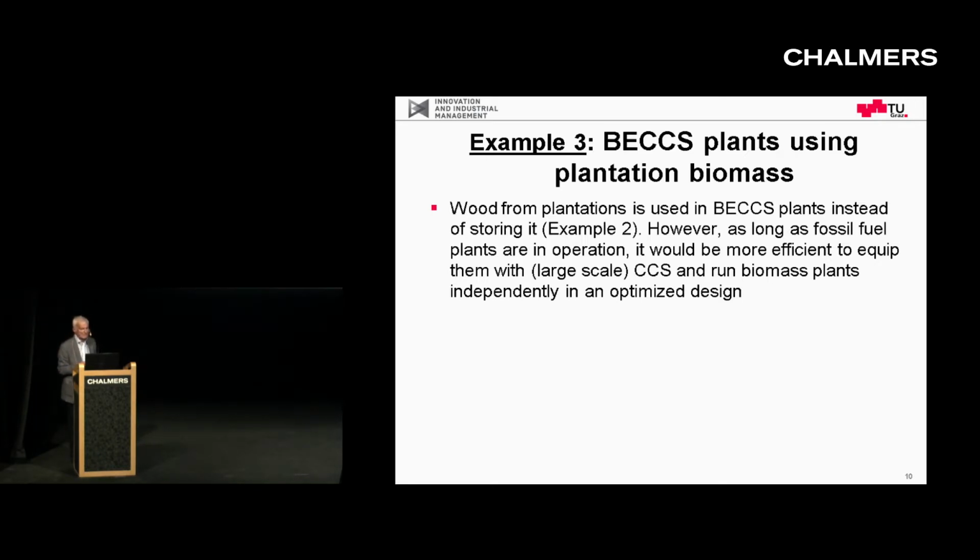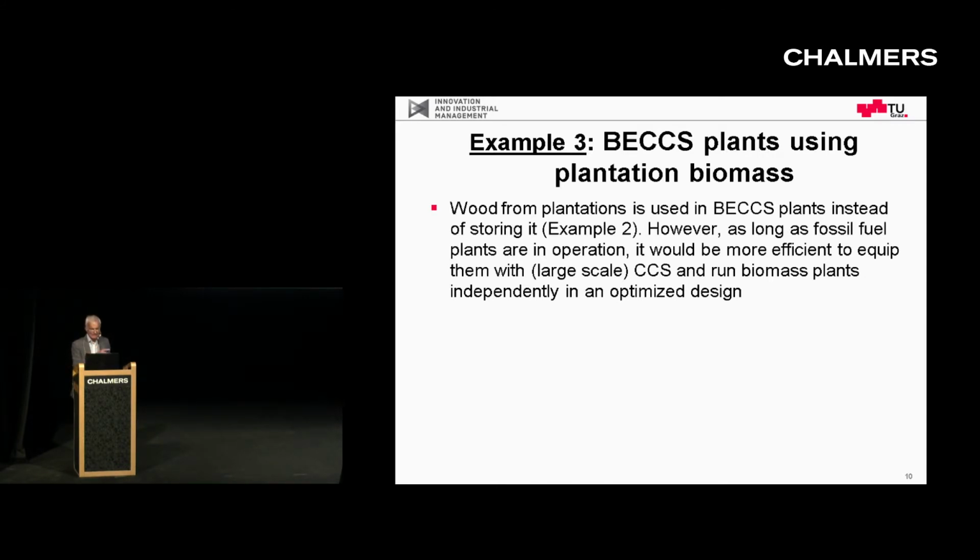However, as long as we have fossil fuel plants in operation, it would be more efficient to equip the existing fossil fuel plants with large-scale CCS. Typically, the BECCS CCS sets are much smaller for various reasons, and to run the biomass plants independently in an optimized design.